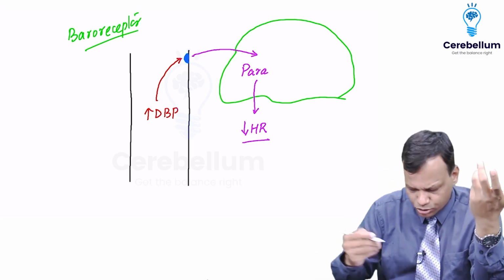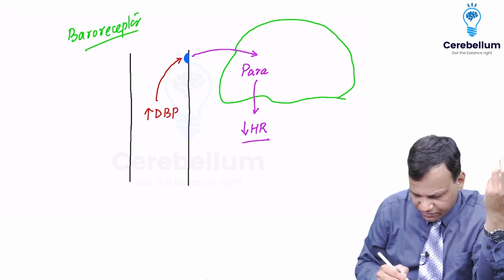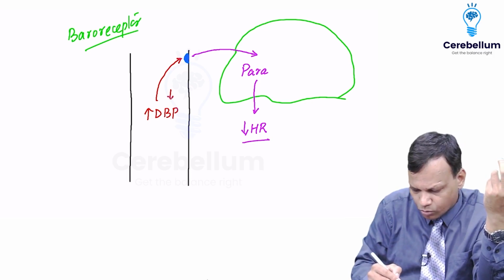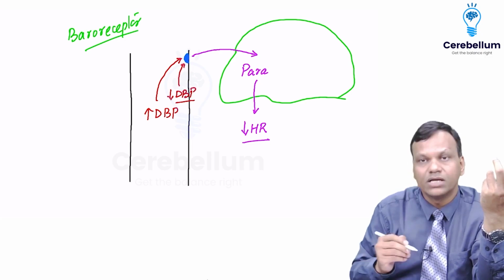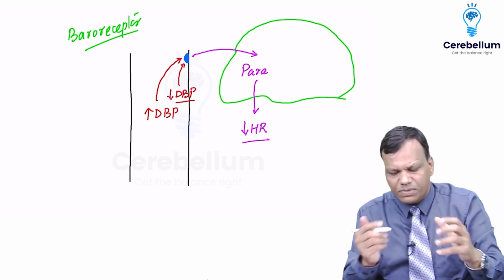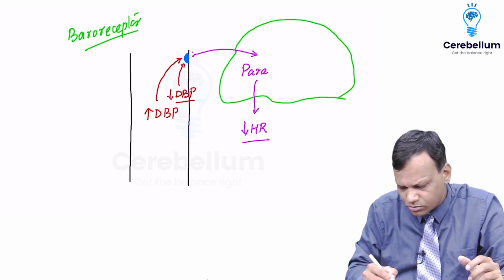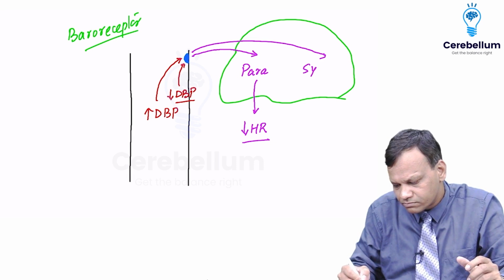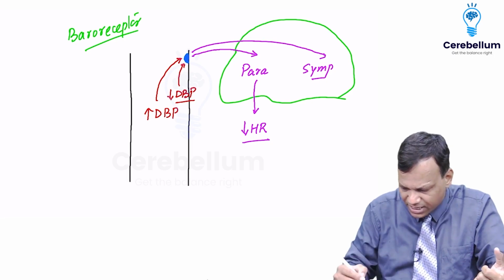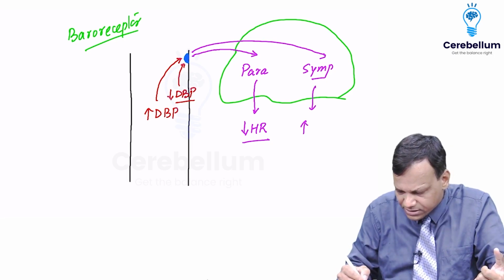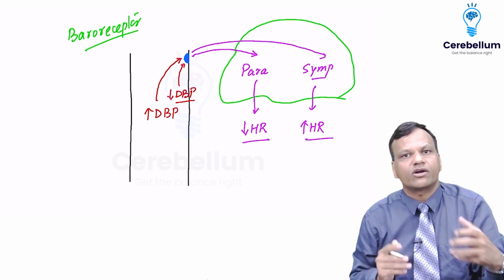Okay? The opposite you can also discuss. If the diastolic BP is low, baroreceptors again get the information. But now we want to increase BP, so they will pass this information to the sympathetic system. So the sympathetic system will stimulate the heart, so heart rate will increase. Okay? So that is the indirect effect on heart rate.